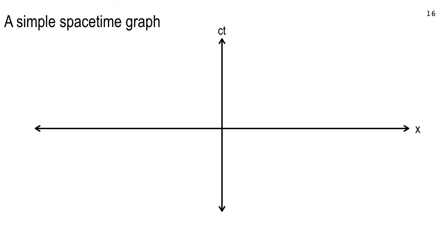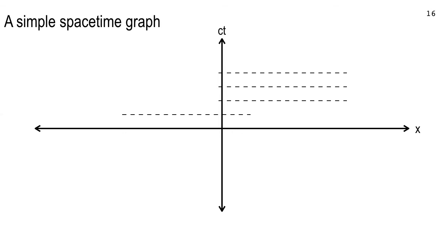Now, I want you to draw some horizontal graph paper lines, and I've got 4 of them, equally spaced, so there's the same c delta t between each of them.